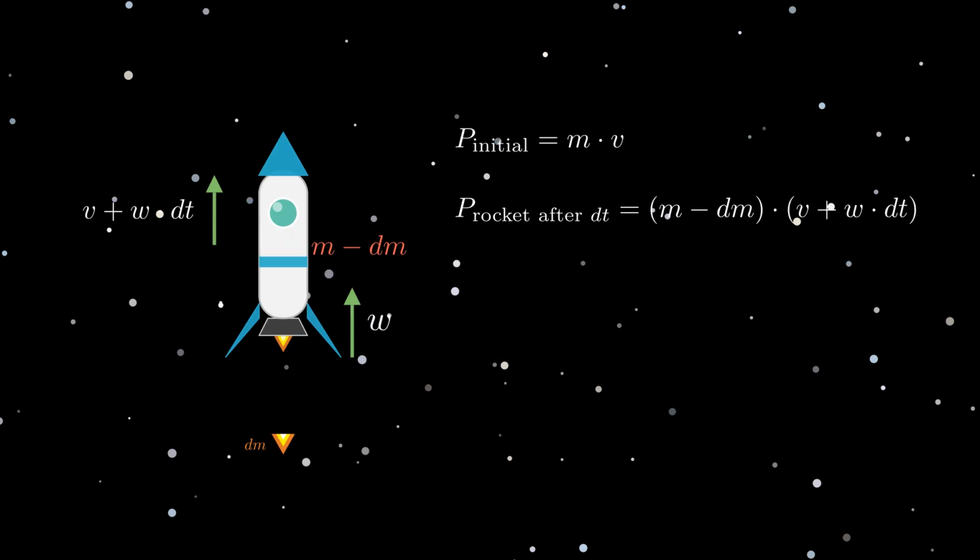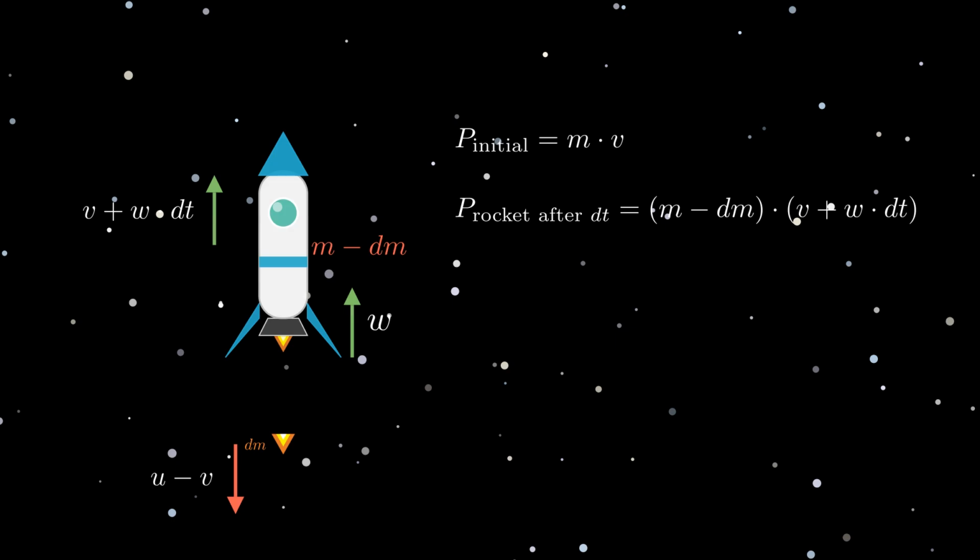Now let us determine the momentum of the expelled gas. During the small interval dt, a mass dm leaves the rocket. We are given that the velocity of the gas relative to the rocket is u. The rocket itself is moving upwards with a velocity v. Since the gas is ejected downward relative to the rocket, its velocity in the downward direction relative to the ground becomes u minus v.